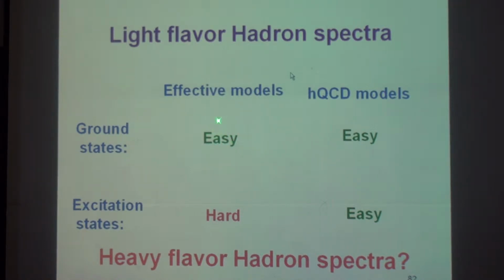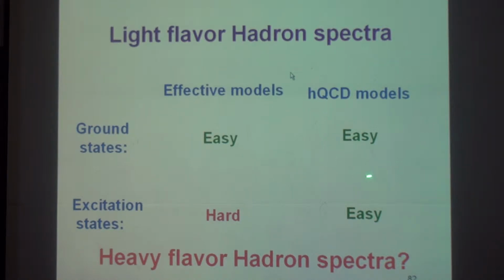But for the full light flavor hadron spectrum, including SU(3), I think this is still challenging. Well, not that challenging, but it works, though maybe not that good for the whole spectrum, of course.